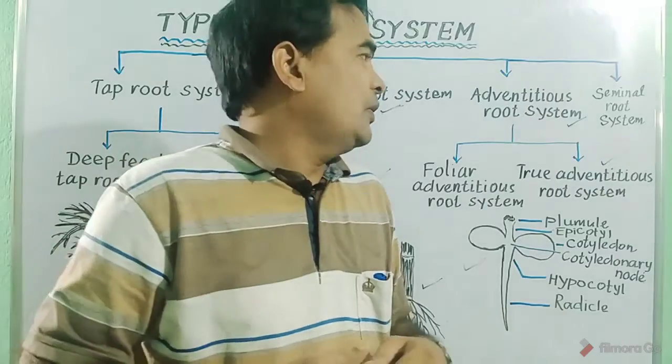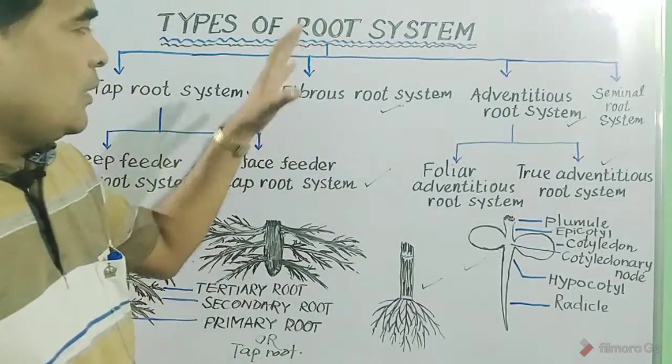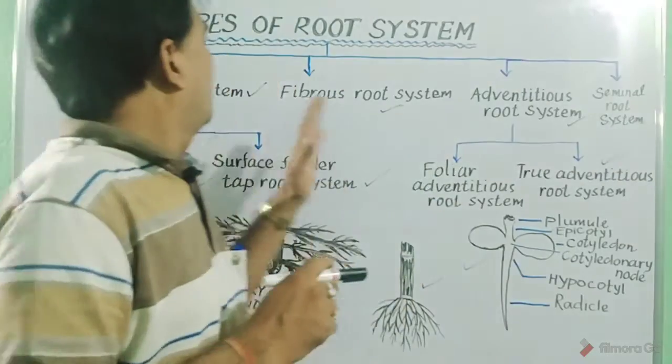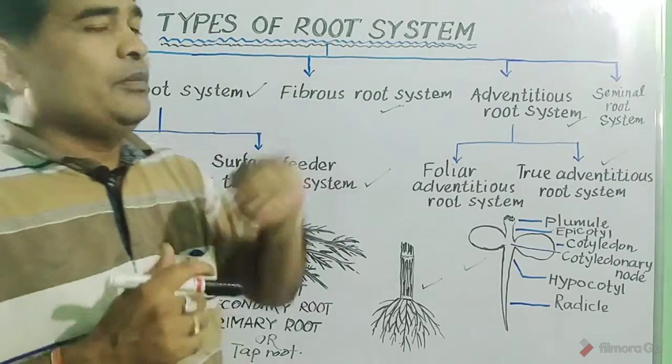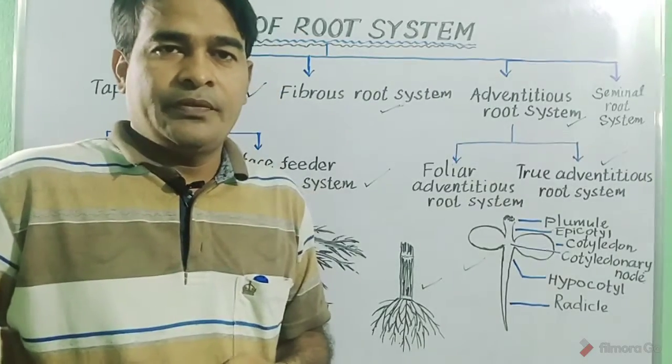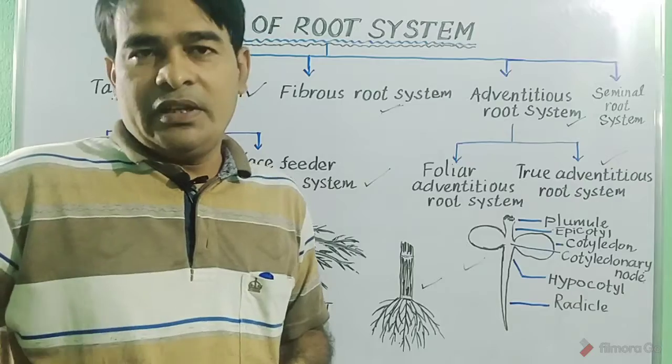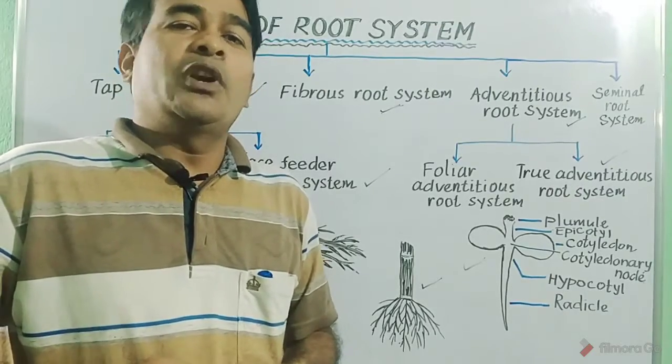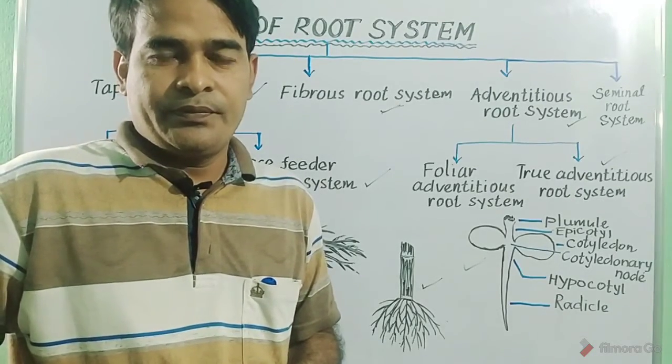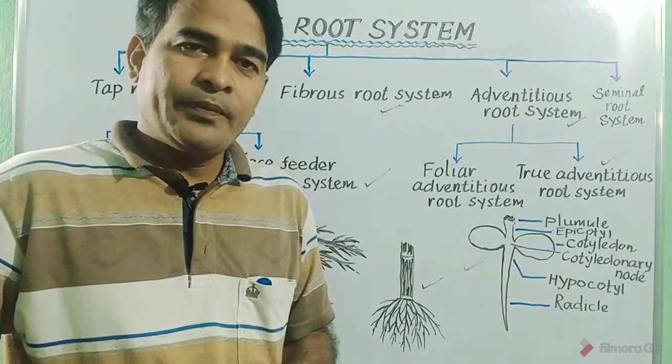So all this is about the types of root system found in plants. Next class we will study about root modification. Okay, thank you.